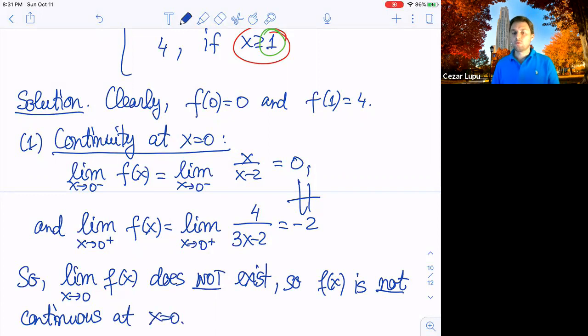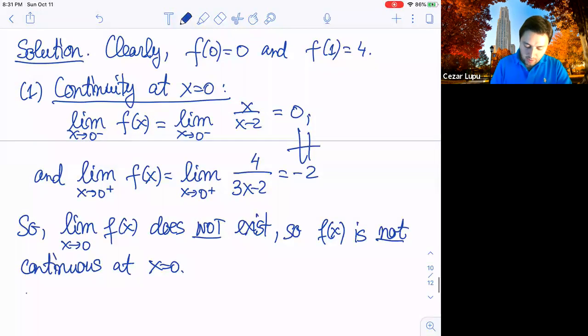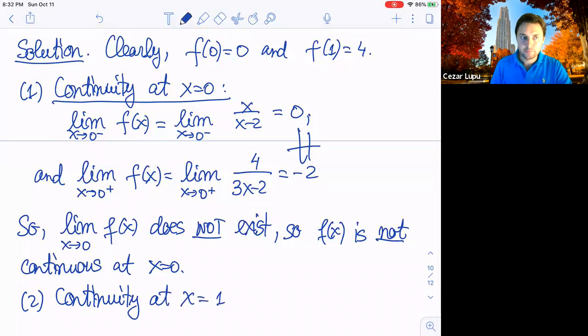Well, what about x equals 1? Maybe something will happen there, so let's study continuity at x equals 1.